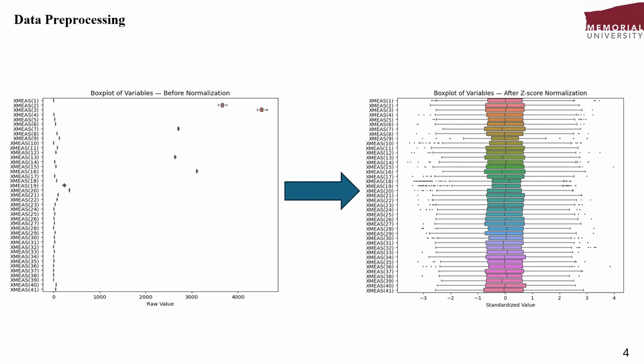But still we have some dots and points which are outside the box and range. These are the abnormal situations in our process. So we will keep them and we will train our model based on them.